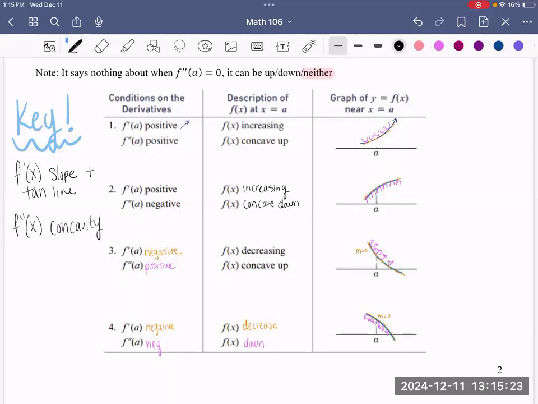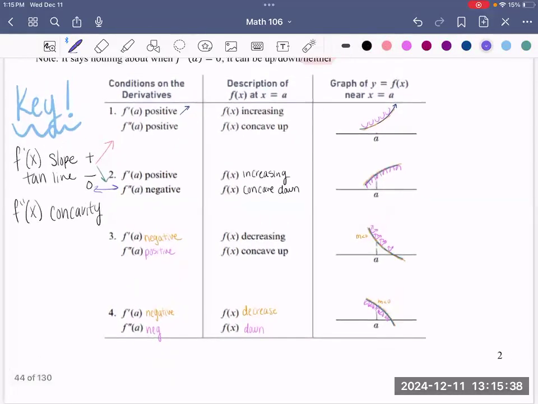We can either have positive, negative, or neither, which neither suggests it's a critical value. Concavity, we can be up or we can be down. So we can be positive or we can be negative.